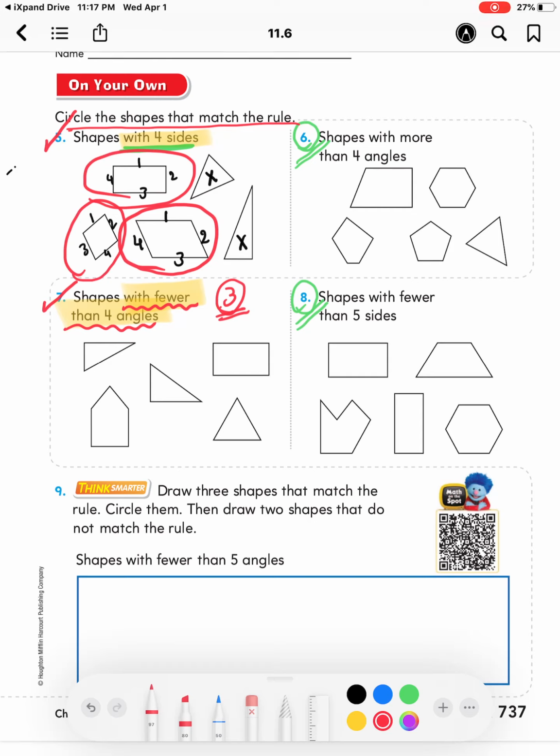so here let's see triangles, because the triangle is the only shape that has 3 angles. Let's circle the triangles here. This is a triangle, and this is another triangle, and this is the third triangle. Now I want you to notice something so important. They look different. They are different triangles, but they are still triangles, okay?